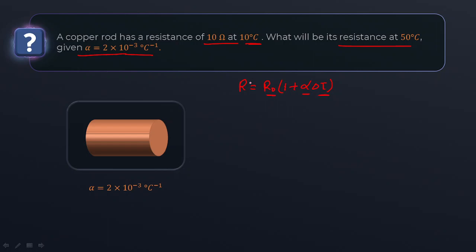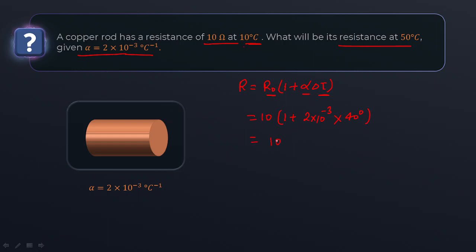Here R naught is 10 ohm, alpha is 2 into 10 to the power minus 3, into delta T. From 10 degrees to 50 degrees, that will be 40 degrees.